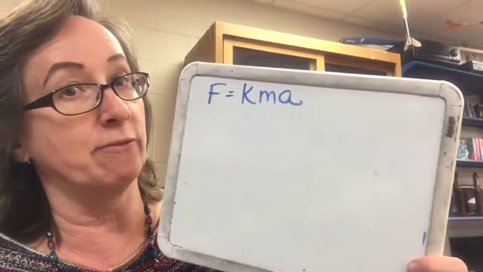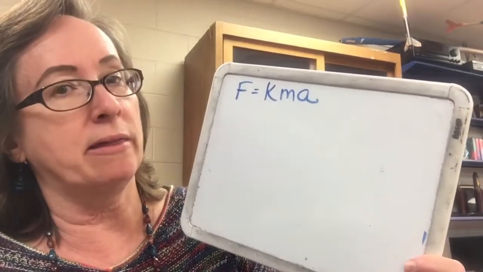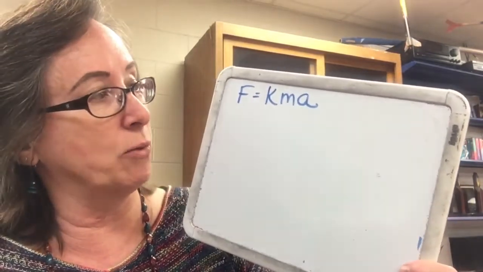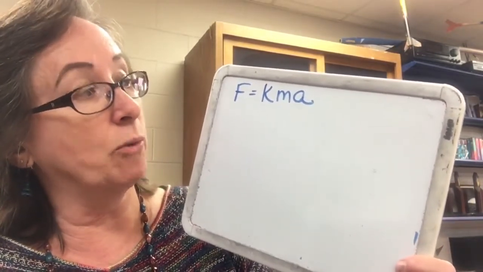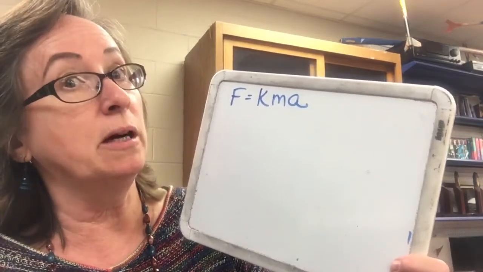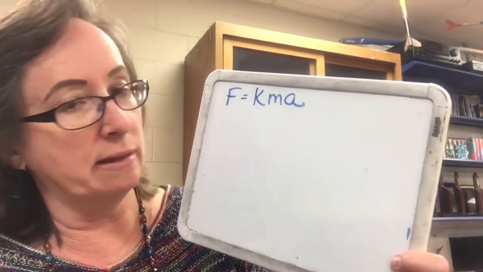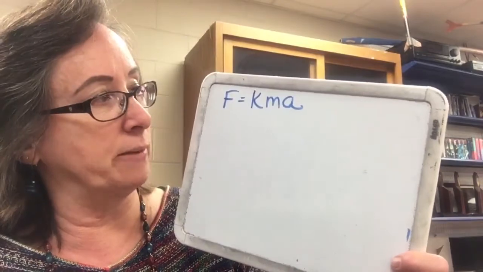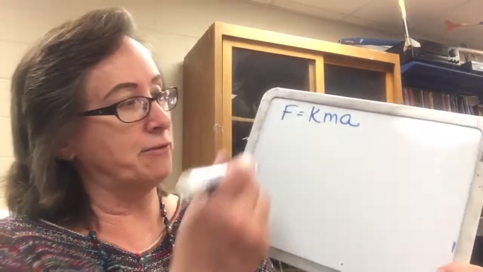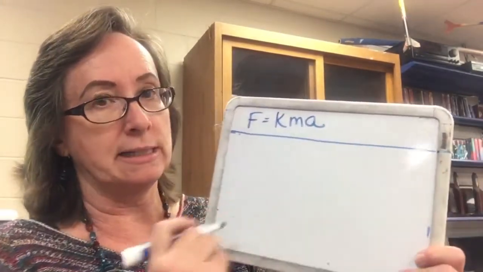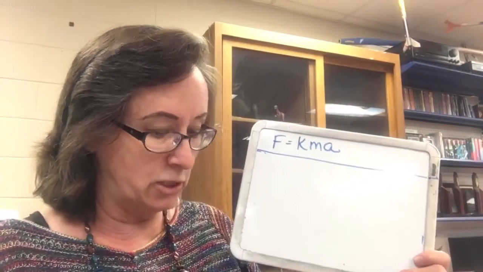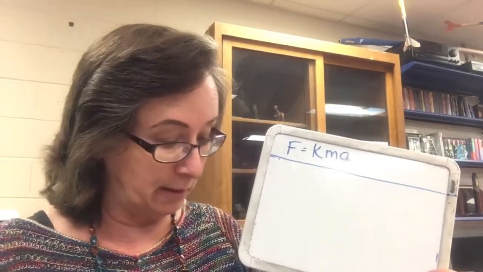So now we just have two variables with a k. Force varies jointly, so we assume directly with mass and acceleration. So then, after we write our equation, step 2 was to use the information they give us to find the k.